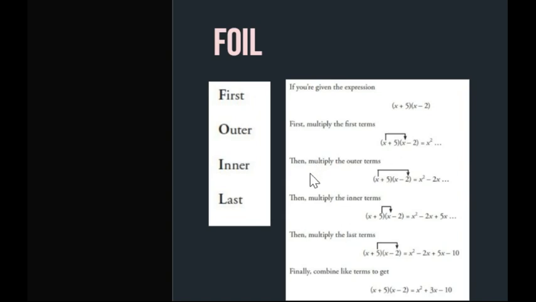Then we multiply the outer terms, x times negative 2. Then we multiply the inner terms, 5 times x. Then we multiply the last terms, 5 times negative 2. And finally, we combine like terms to get x plus 5 times x minus 2 is equal to x squared plus 3x minus 10.